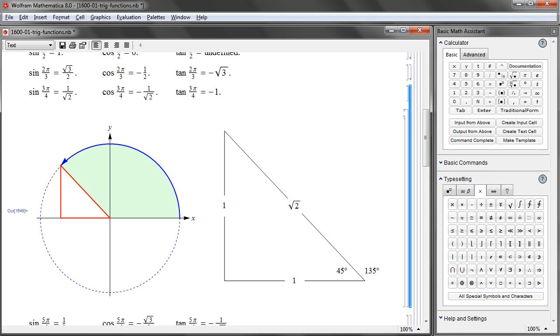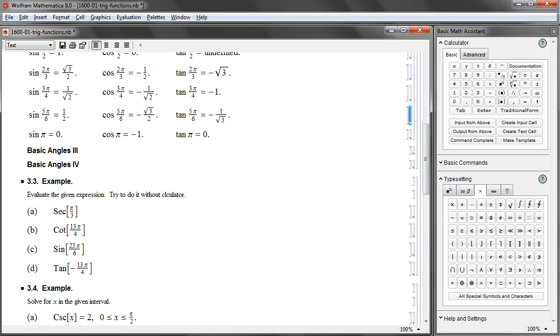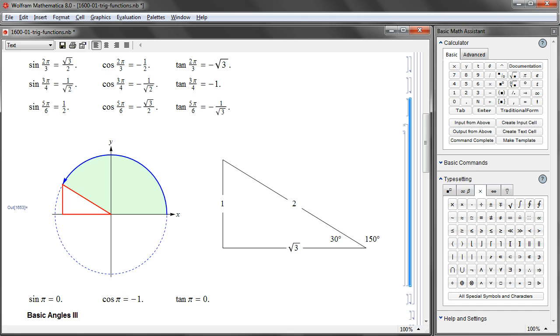How about 3 pi over 4 or 135 degrees? Again, the same triangle we saw before. 1, square root of 2, 2 triangle, excuse me, 1, 1, square root of 2 triangle. How about this one? Another new triangle? No. The same triangle all over again. 1, square root of 3, 2 triangle.